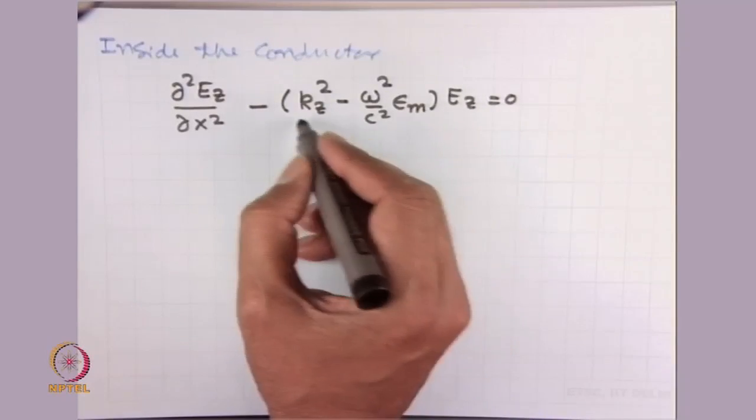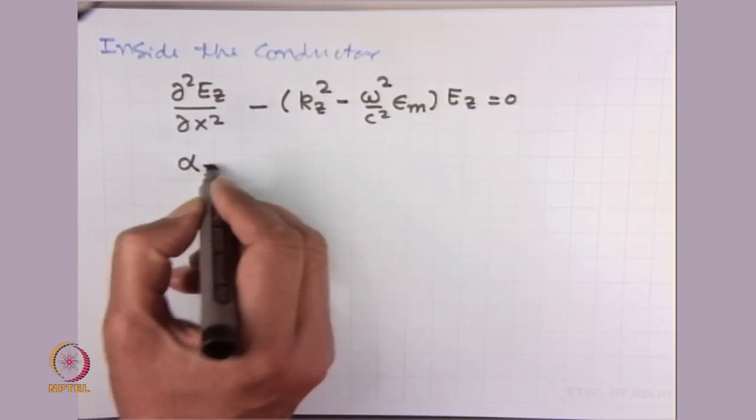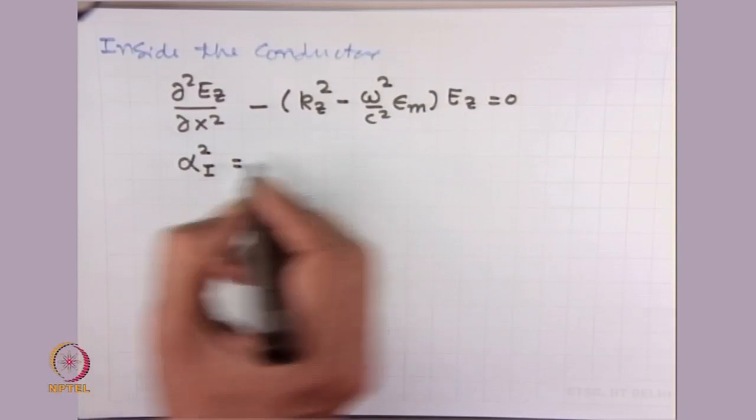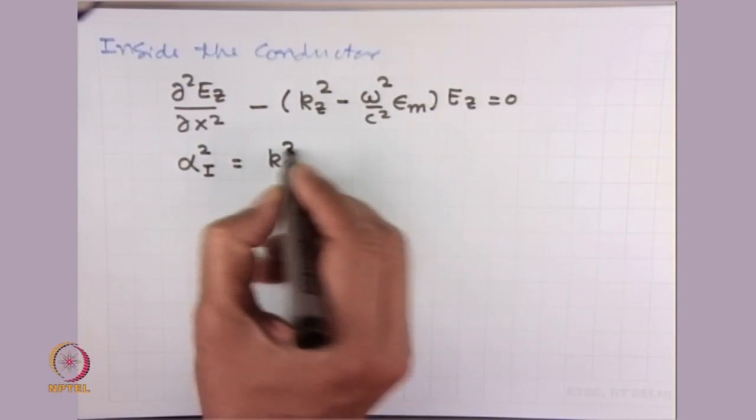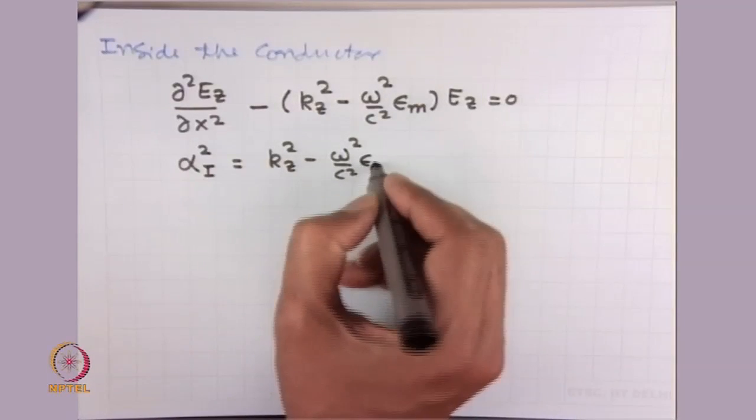I will call this quantity alpha 1 square in the lower medium: kz square minus omega square by c square epsilon m.